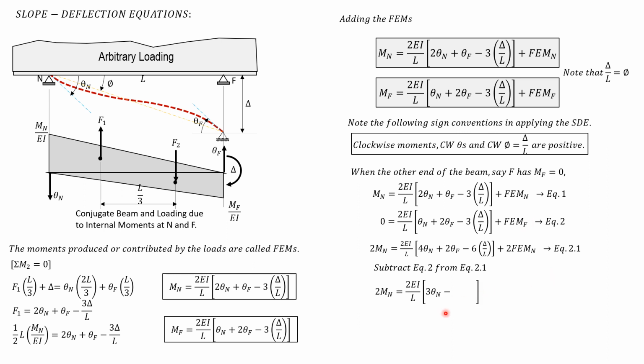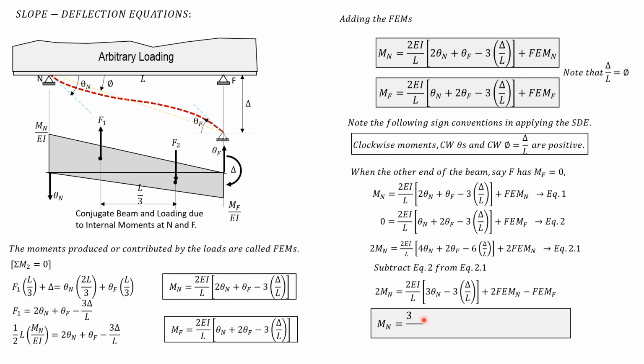So that will be the result: 2EI over L quantity 3 theta n minus 3 times delta over L, plus 2 fixed end moment near minus fixed end moment far. Dividing everything by 2, this 3 is common. We factor it outside. So M_n equals 3EI over L times quantity theta near minus P, or minus delta over L, plus fixed end moment near minus 1/2 fixed end moment far.